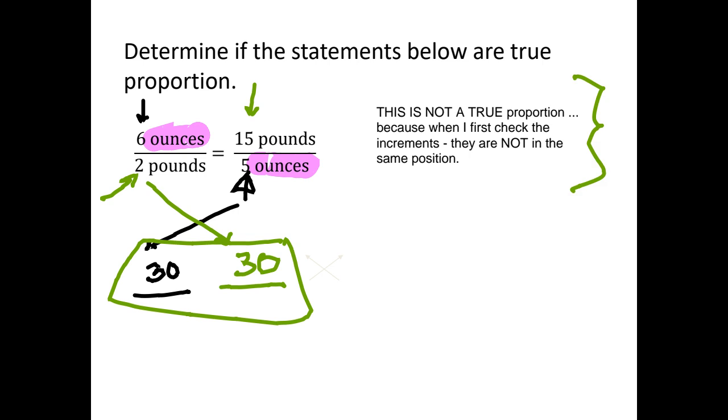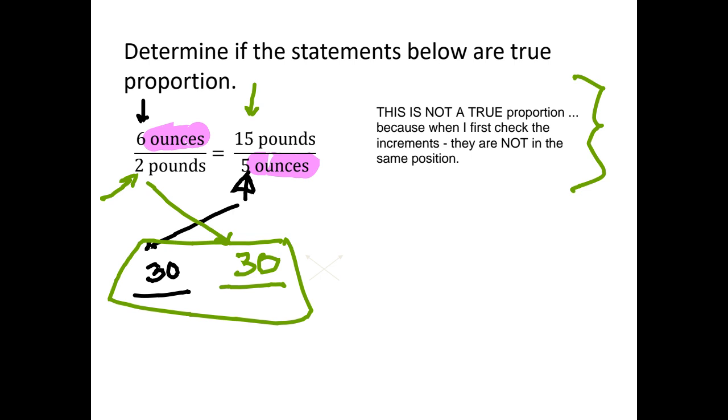Be careful. You must do step 1, checking the increments first, because doing step 2 before step 1 will give you an incorrect answer. You've got to do step 1 first.